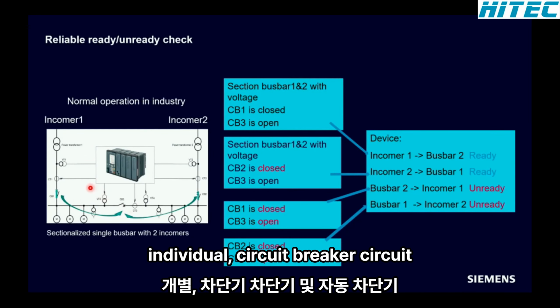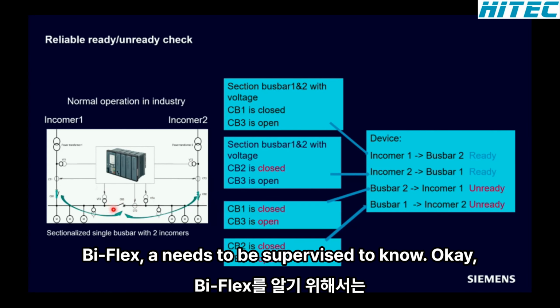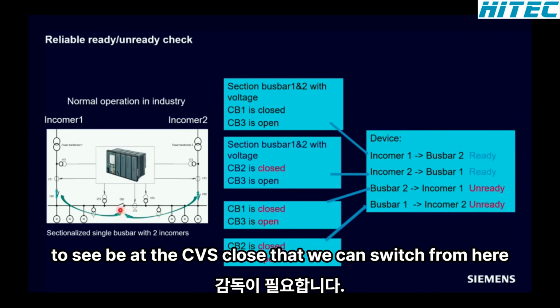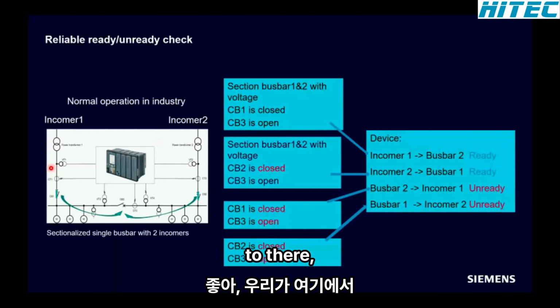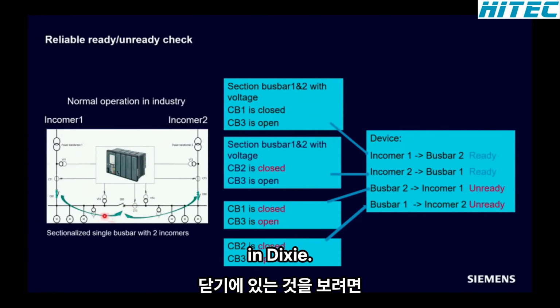For some circuit breakers, we send open commands. For some circuit breakers, we send close commands. And other circuit breakers, like the TICB, for example, need to be supervised to know, okay, this CB is closed, so that we can switch from here to there. And all these CBs or circuit breakers and their status and their task can be defined in DIGSI.